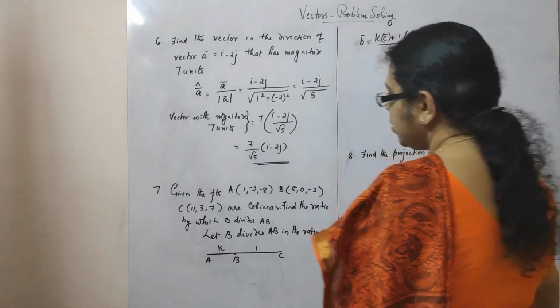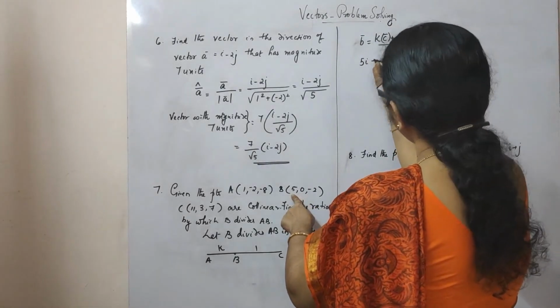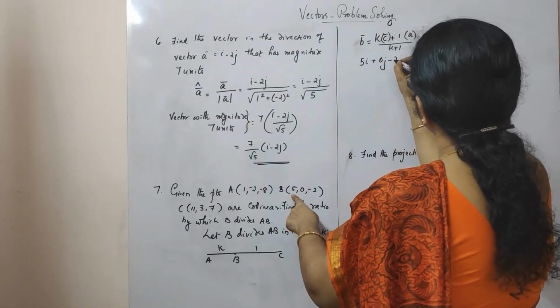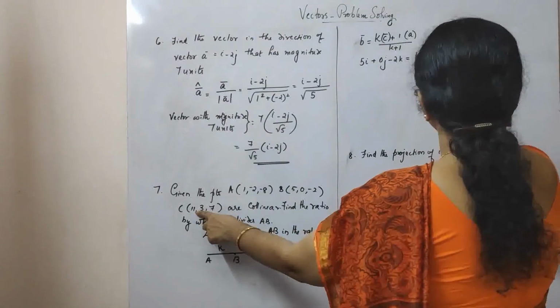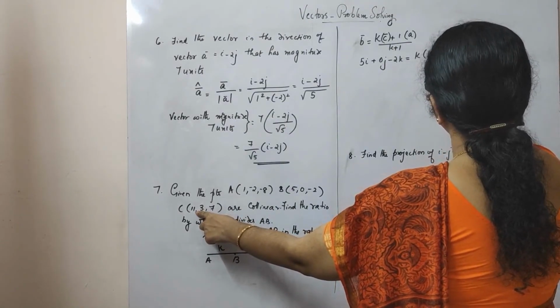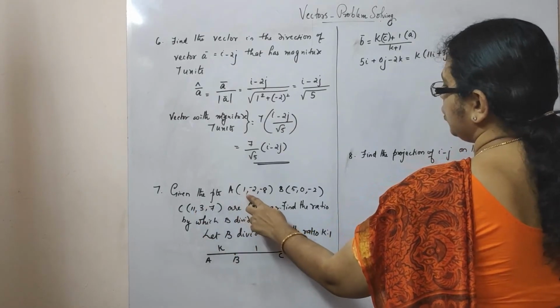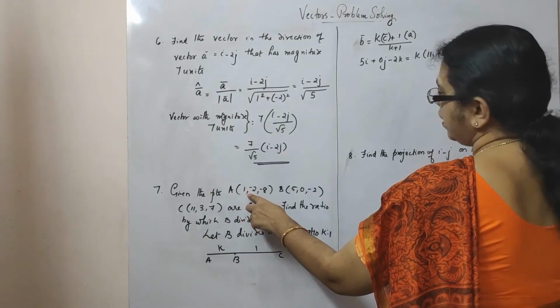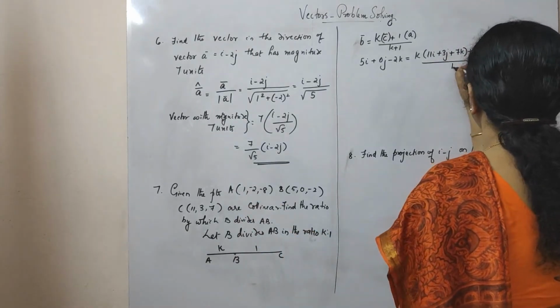Now what is the position vector of B from here? I will write B as 5i plus 0j minus 2k is equal to k times vector C, the position vector is 11i plus 3j plus 7k, plus 1 into the position vector of A, i minus 2j minus 8k, by k plus 1.